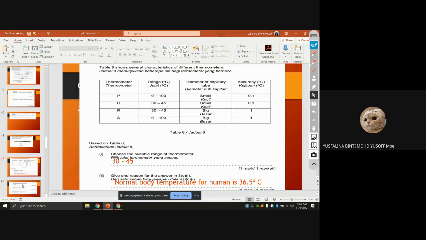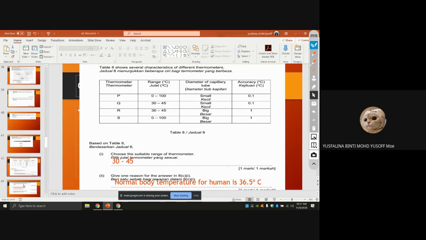The suitable range is 30 to 45, because the normal human body temperature is 36.5, or you can say 37 degrees Celsius. We never reach 10 degrees Celsius, that's not normal. 0 to 100 is what we use in the lab. For a patient's body, we just use 30 to 45.